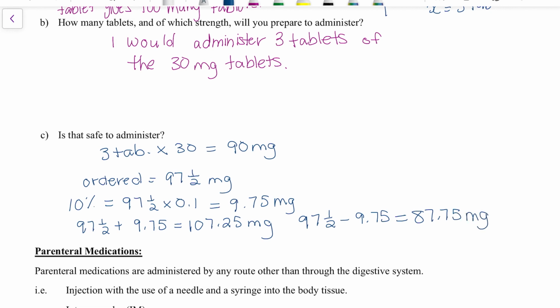So my 3 tablets, the 90 milligrams is within that range, so it is safe.